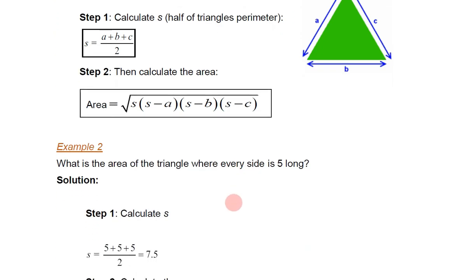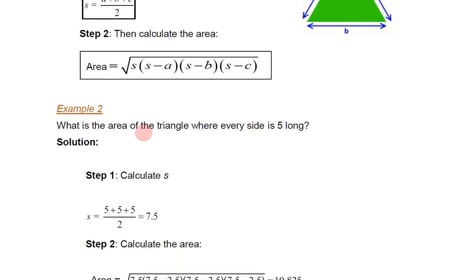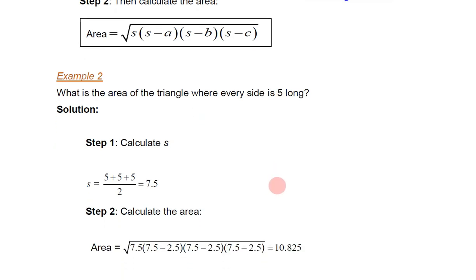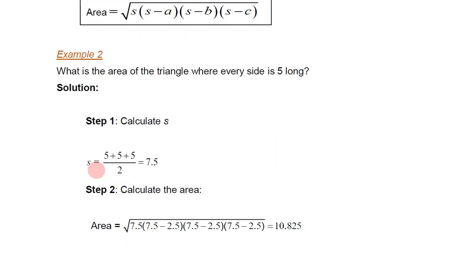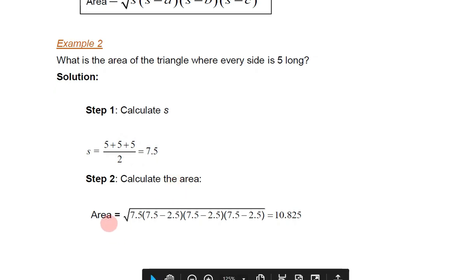For example, let's say you have all the sides equal to 5 long. So to get the area, you need to find S. 5 plus 5 plus 5 divided by 2, you get 7.5. So if you calculate the area, just substitute in the formula.